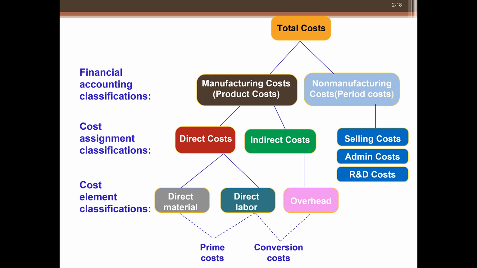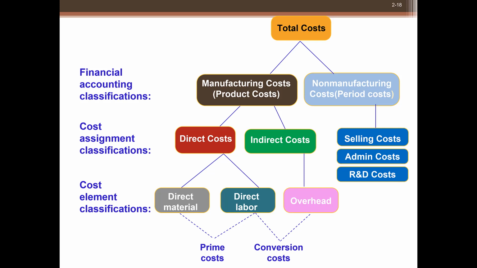This is a summary table here. If we take a look at the total costs, for the purpose of financial accounting, we can classify total costs into two big categories: manufacturing costs and non-manufacturing costs. Manufacturing costs are also product costs. Manufacturing costs include direct costs and indirect costs. Direct costs are direct material and direct labor cost.